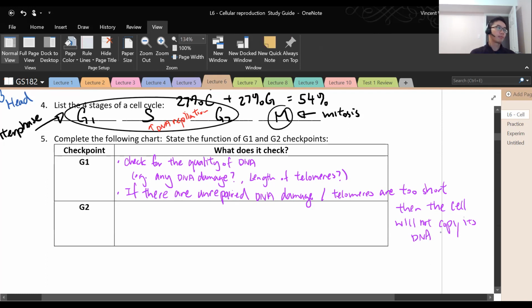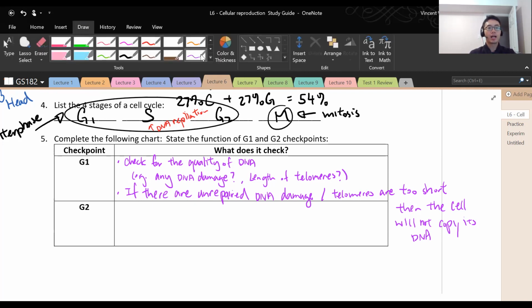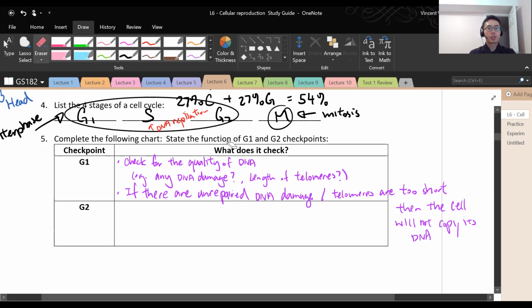Okay, so you will not be allowed to duplicate that cell. Okay, if everything's good, then you will proceed to the S phase where you will duplicate the DNA. You will make a copy of all the DNA you have. And then afterwards, you will have another checkpoint, G2.